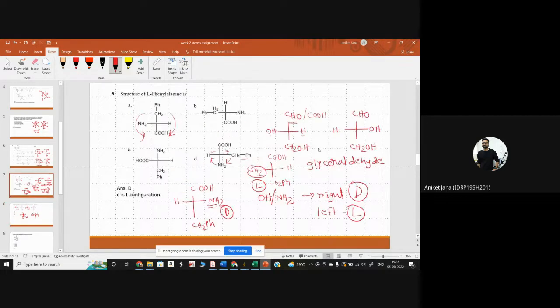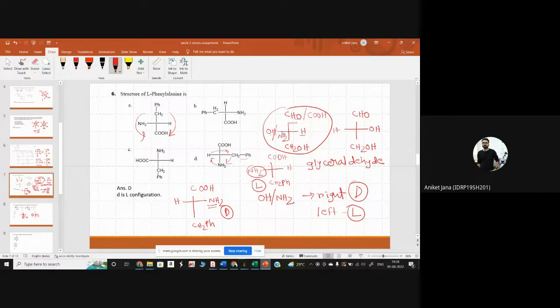This is the convention for designating a compound as D or L. We can say it is either D or L when a compound is represented in this manner: the topmost carbon has the carbonyl group, then OH, and the lowest priority group, OH or NH2, here it has to be NH2, is in the same horizontal plane.